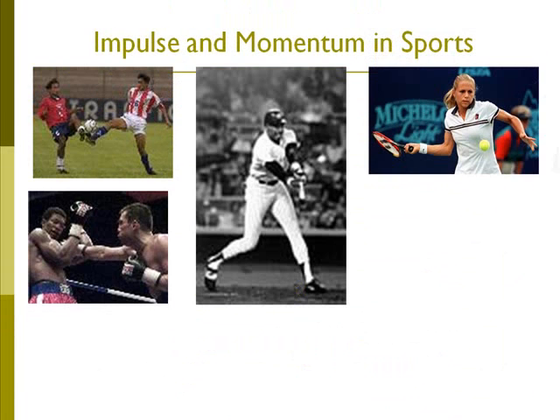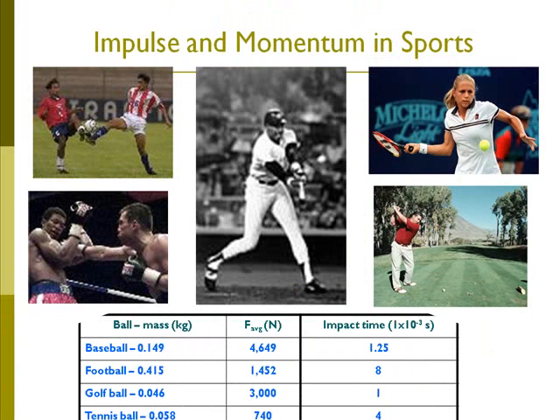Now, impulse is readily visible in almost any form of contact sport, because in a contact sport, a force is in contact with an object over an increment of time, however minuscule that might be. Here, for example, the foot on the soccer ball, the bat on the baseball, the racket on the tennis ball, the fist on the face, or the golf club on the golf ball.